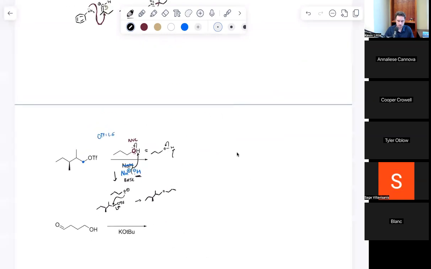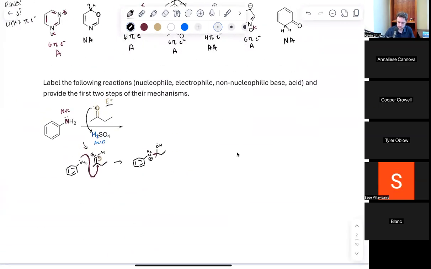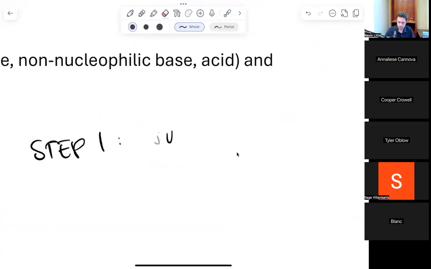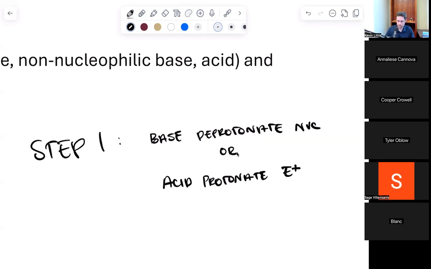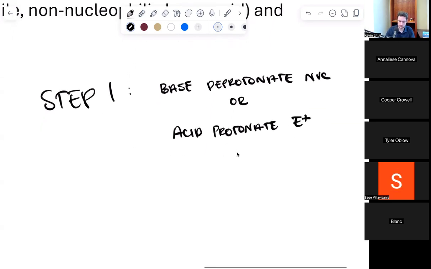So it's the same first two steps. Step one, base, deprotonate nucleophile, or acid, protonate electrophile, depending on which one you have.